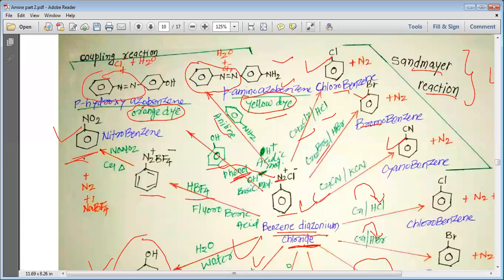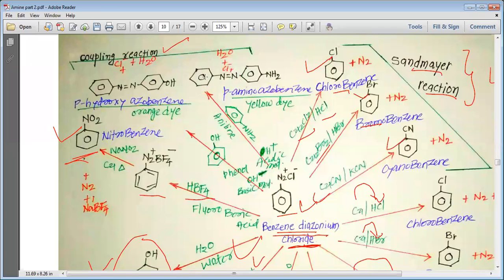This para-hydroxyazobenzene is also an orange dye. So when either phenol or aniline reacts with benzene diazonium chloride, they give us the yellow dye and orange dye by coupling themselves with the benzene diazonium chloride, and that is why these two reactions are known as coupling reactions.